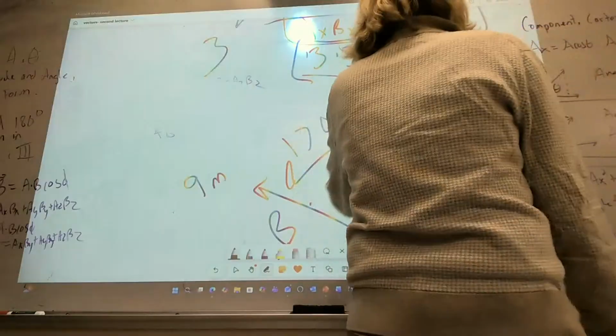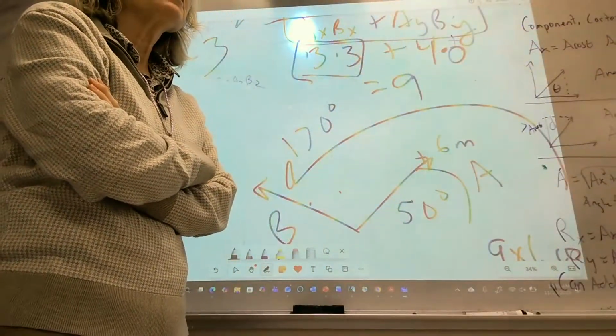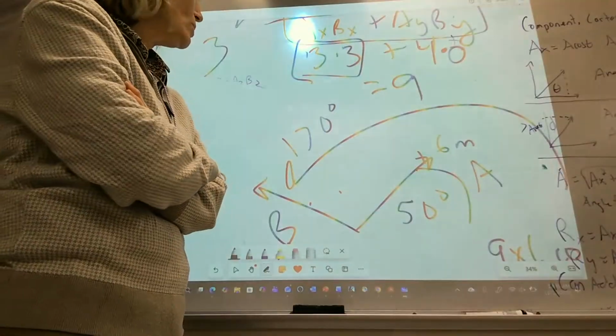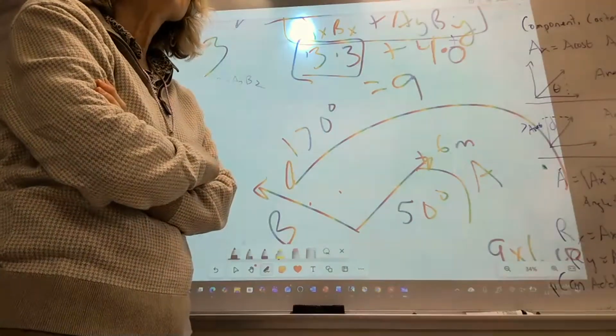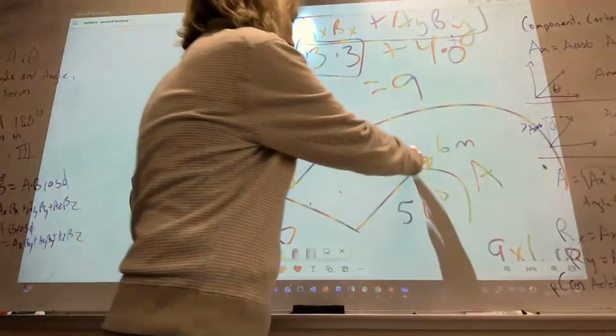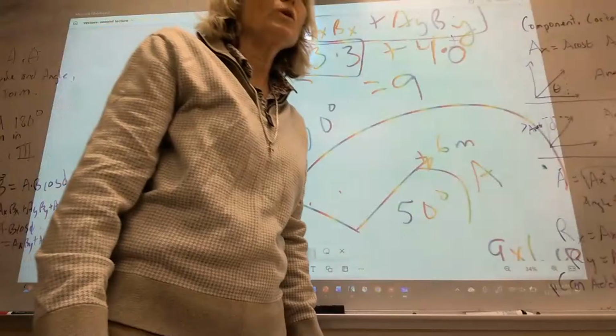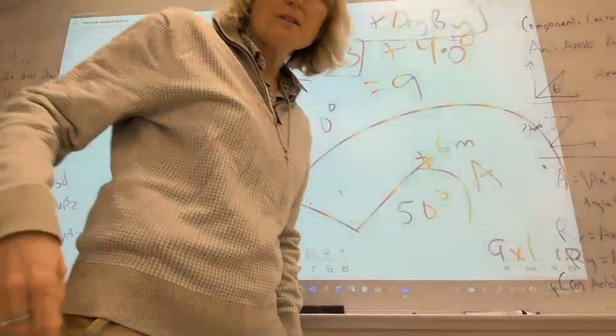What's the angle between them? What's phi? 30. Okay, this is 170 and this is 50. So the angle between them is 120, 170 minus 50.